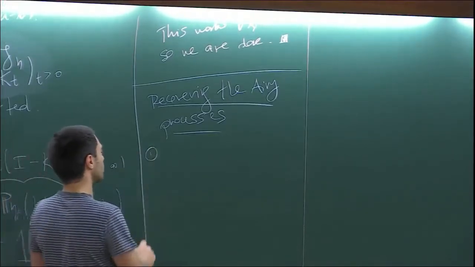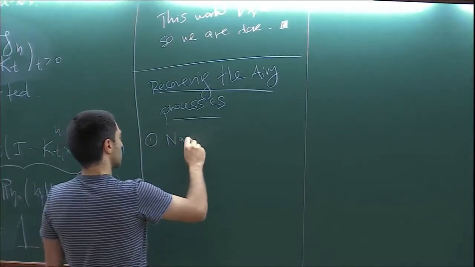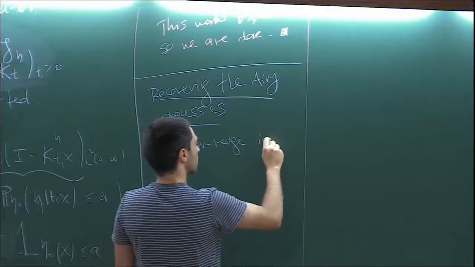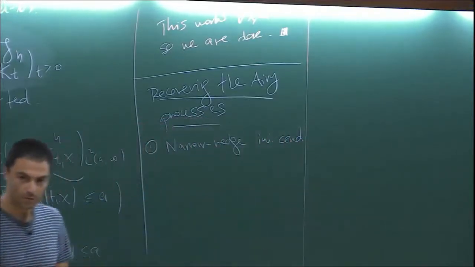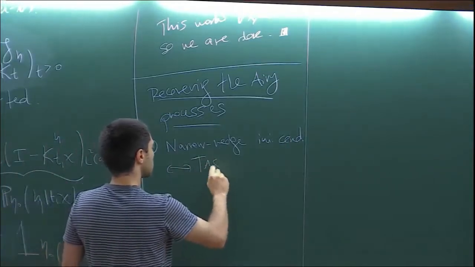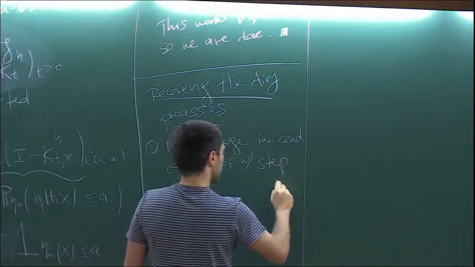So the first case is what's called the narrow wedge initial condition. This corresponds to TASEP with step initial condition.